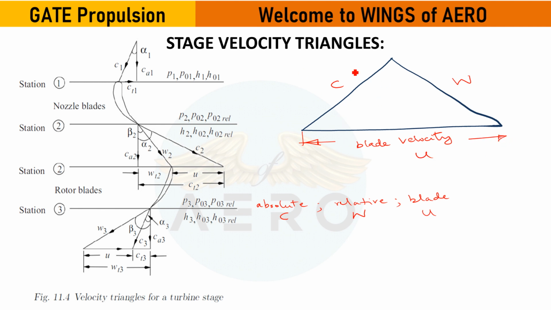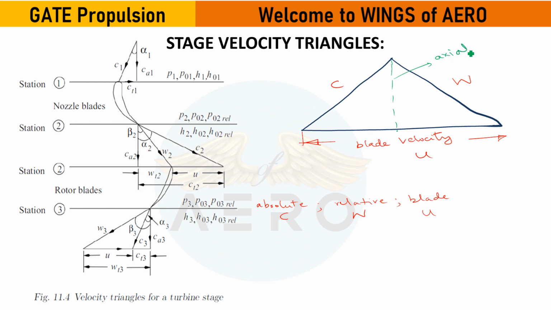This absolute velocity and the relative velocity are further split into other components. One is called radial.